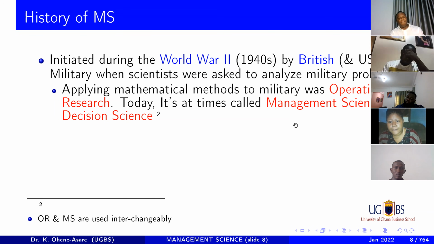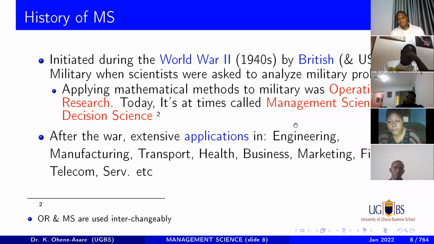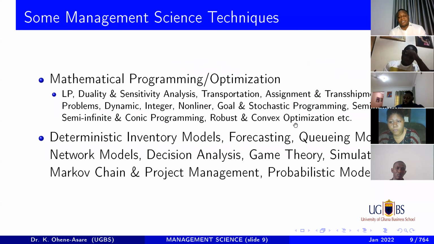And those methods, those strategies, after the war, became much more applied in engineering, manufacturing, health, business, telecom. And today, we study these things in management schools. And it's collated to be known as management science or decision science, as we know today.